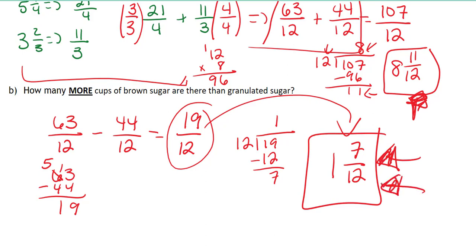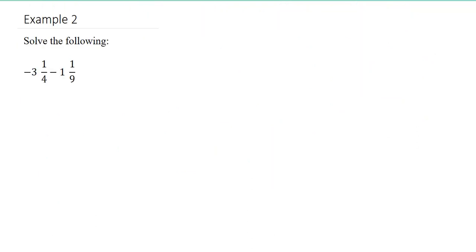Now let's do another example. Example 2: we're going to solve the following. We have negative 3 1/4 minus 1 1/9. The first step is to convert these to improper fractions.